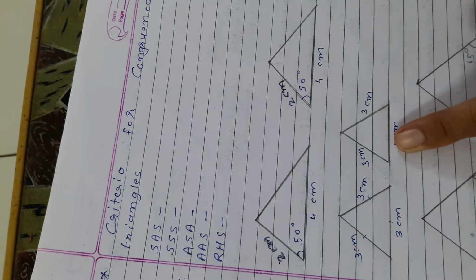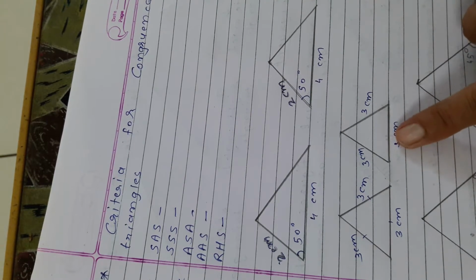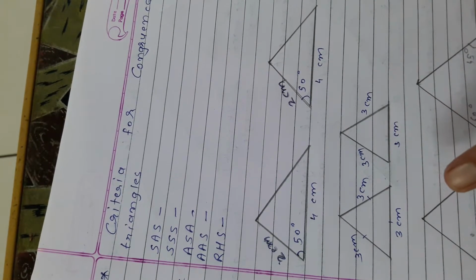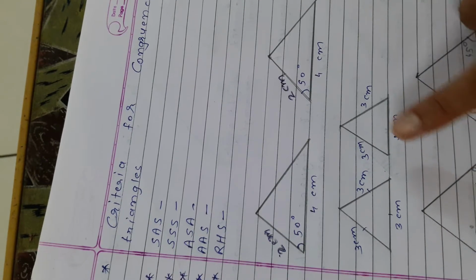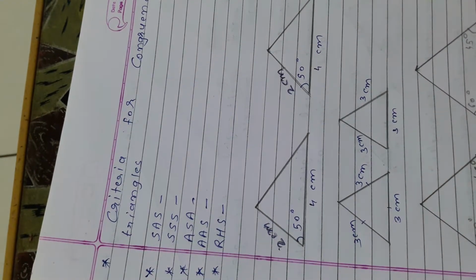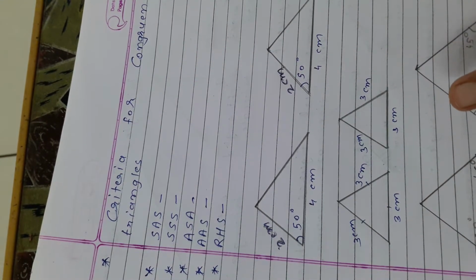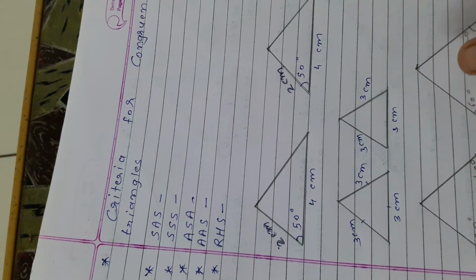Then we can say that both the triangles are equal. Now it is not necessary that all angles of one triangle, corresponding angles of one triangle.